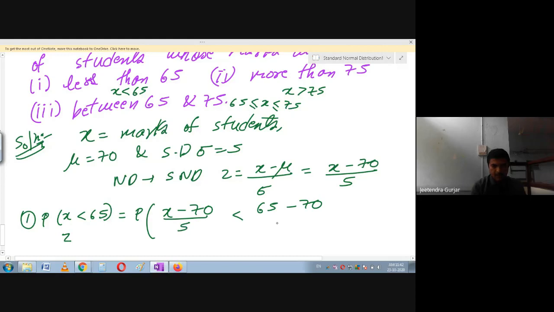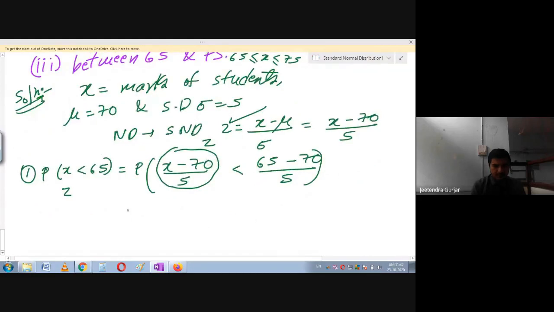Both the sides I'm going to divide this by 5. Whatever value I get, this is going to give you z. So I'm going to convert this to P of z less than... Please calculate and tell me, 65 minus 70 divided by 5 is how much? Yes, Arshita.